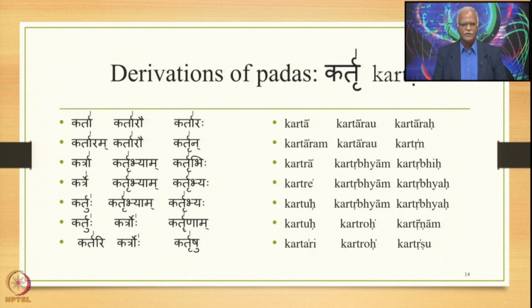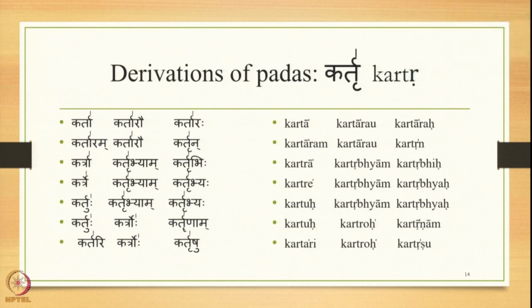Now if we look at the forms of the word kartru with initial udatta vowel, this will be a contrast, and this word kartru is derived by adding the suffix trun. The meaning of this word is a skilled doer.